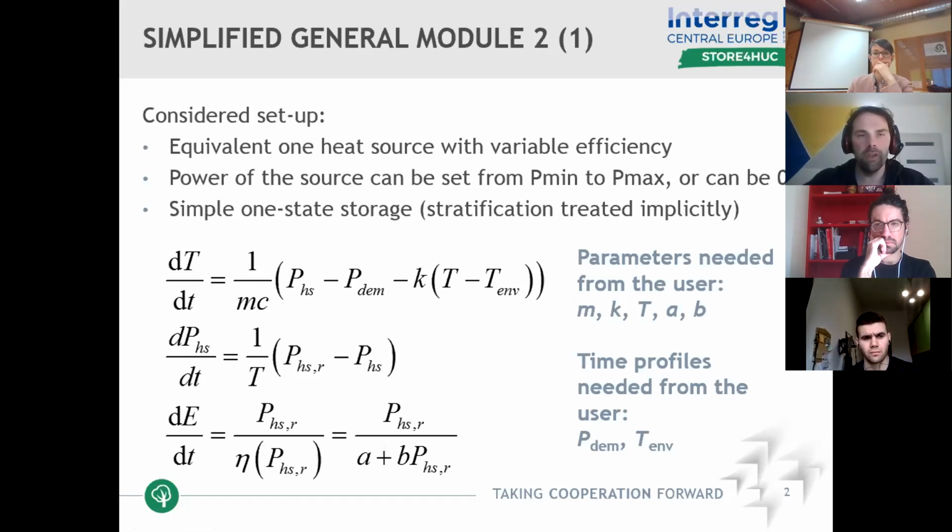The additional thing we need from the user side is the scenario in which our system will be used. This scenario consists of heating demand, so the heating power that needs to be provided from the storage towards the consumers.